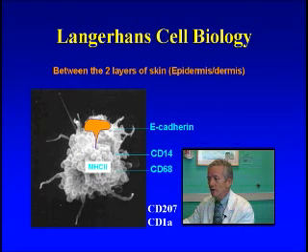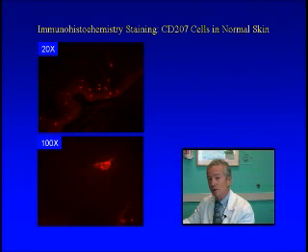And those cells hiding occasionally underneath the skin have some certain characteristics which keep them there. They've got a surface protein called E-cadherin, and they also express that CD207 and that CD1A. And they're just sitting there in the skin until something comes along to stimulate them.